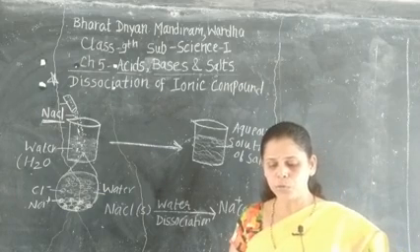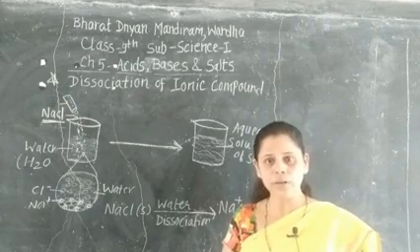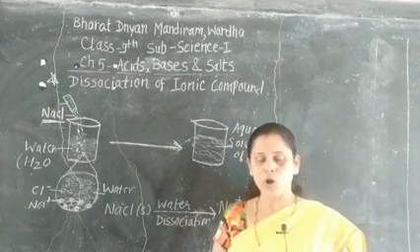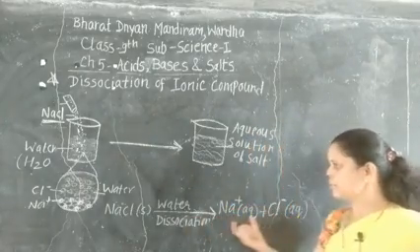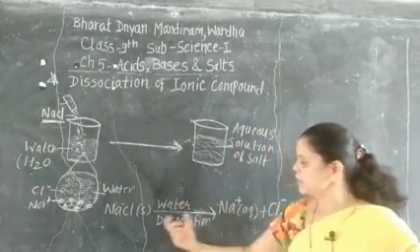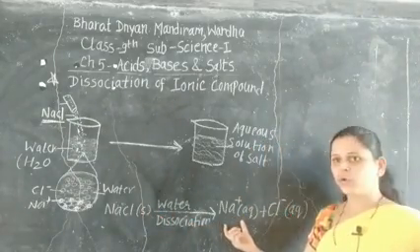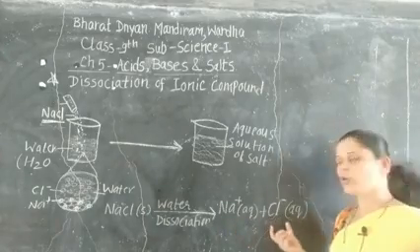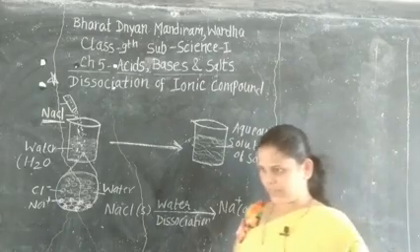Water molecules push themselves in between the ions of the compound and separate them from each other. NaCl separates into the sodium ion, that is cation, and the chloride ion, that is anion, negative ion.